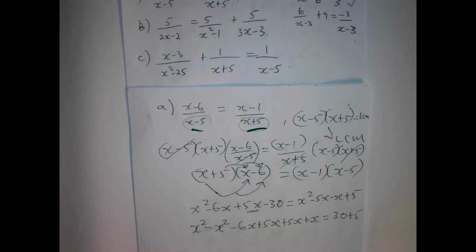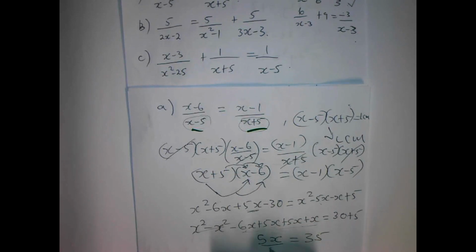You can see this cancels off, and you will remain with minus 6 plus 5, that is minus x, plus the 5x, that is 4x, plus x. All the terms in x will give us 5x is equal to 35.